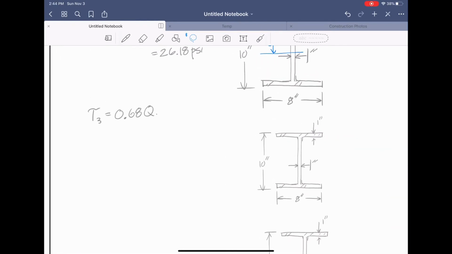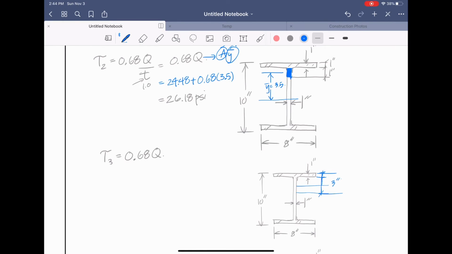So we're at tau 3, which tells us that we included the 1 inch, 2 inch, 3 inch, right? And so we really just have the previous value, which is 26.18 plus 0.68, and essentially we're looking at that right there.